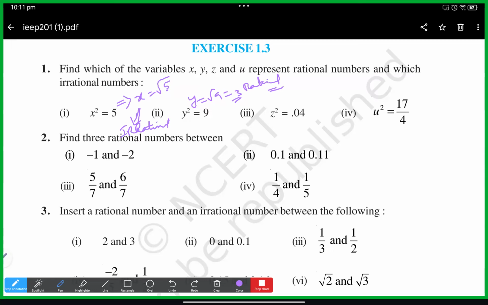Then the third one: z is equal to root of 0.04. Can we write it as 4 by 100? So z is equal to 4 by 100.